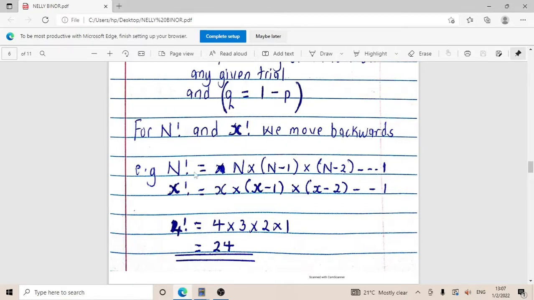For example, it is n times n minus 1 times n minus 2, till you reach 1. Likewise with x, you go on moving backwards. This should have been a 2 here. So let me see.